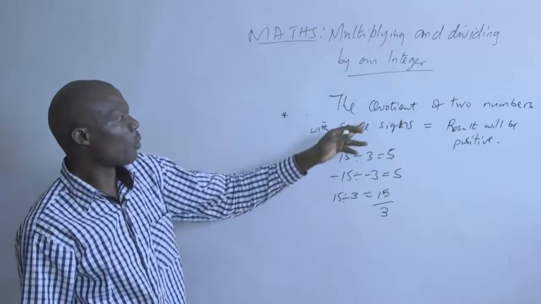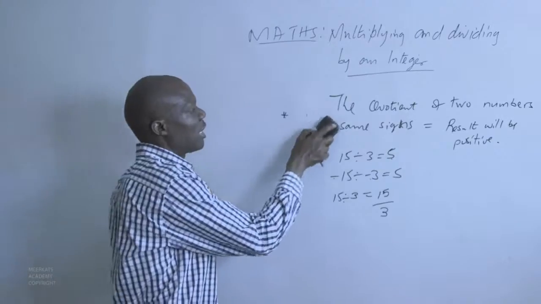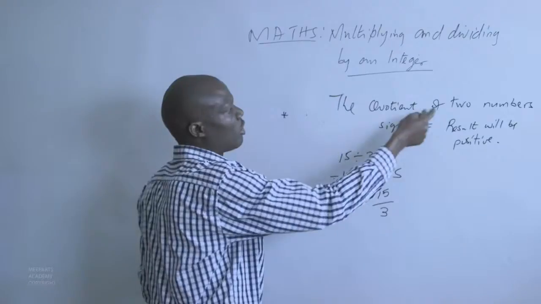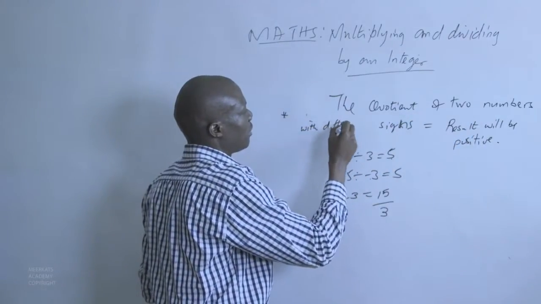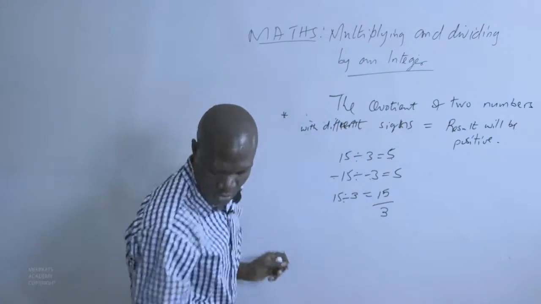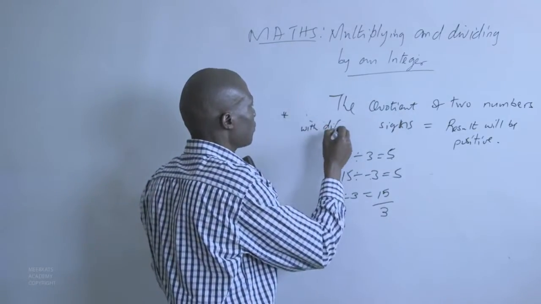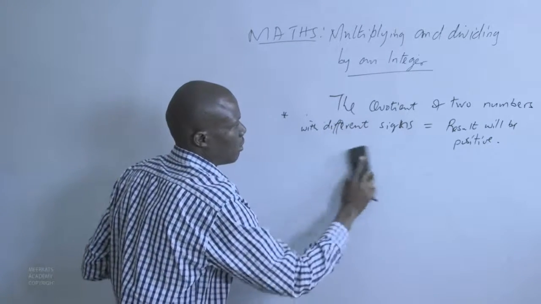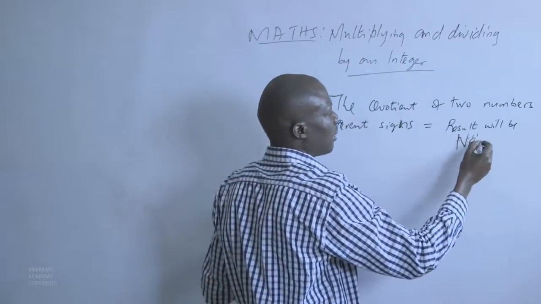However, when the two numbers are not with the same signs, but the signs are different, the quotient of two numbers with different signs, we shall find that the result will be negative.